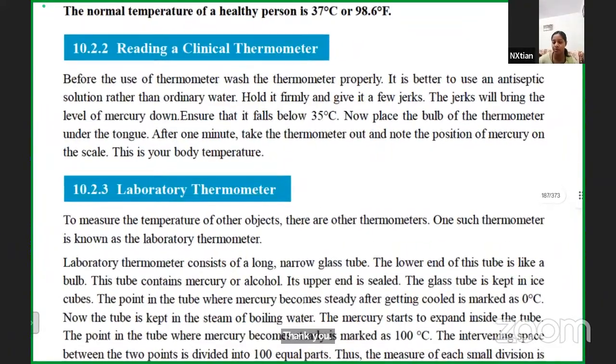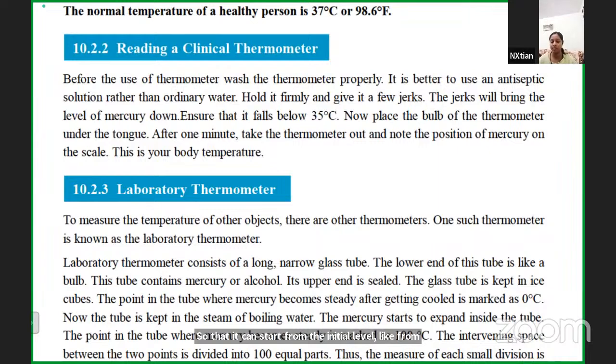We know how to use the thermometer. We wash it properly with an antiseptic solution, and then we hold it and give it a few jerks so that the mercury level comes down and can start from the initial level, the beginning point, when you measure the temperature.